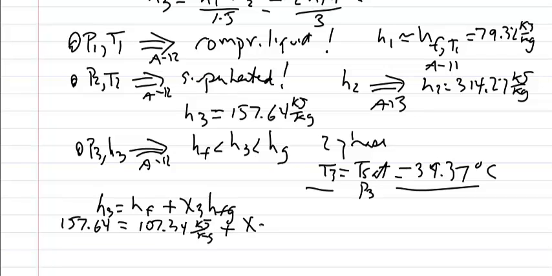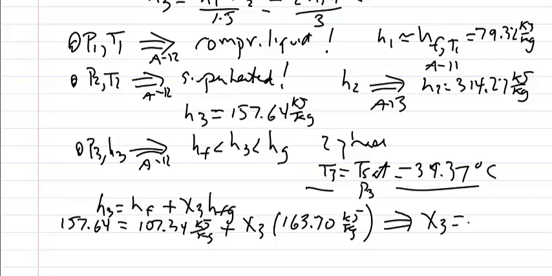The quality is our unknown. hfg is also listed. This number is 163.70 kilojoules per kilogram. And if we solve for the quality, we get the quality at the exit is 0.307, or if you prefer, 30.7%.